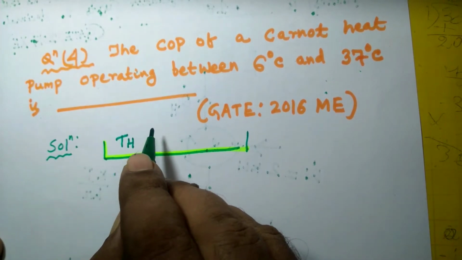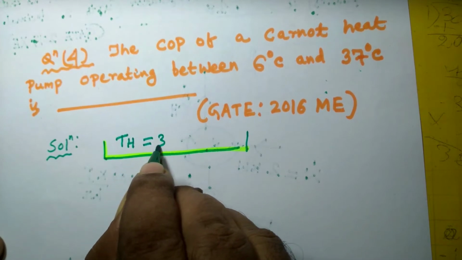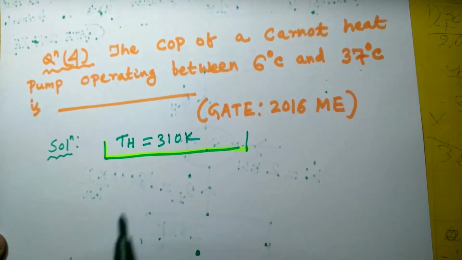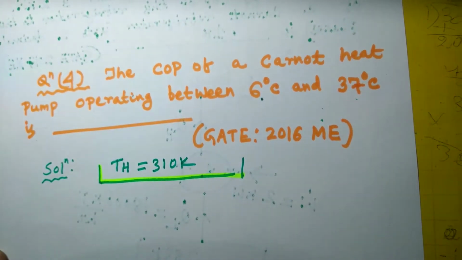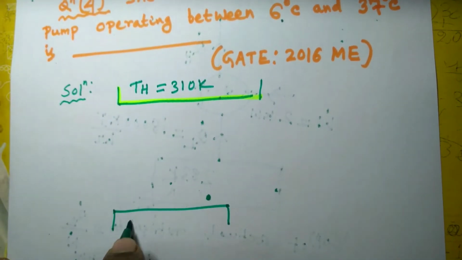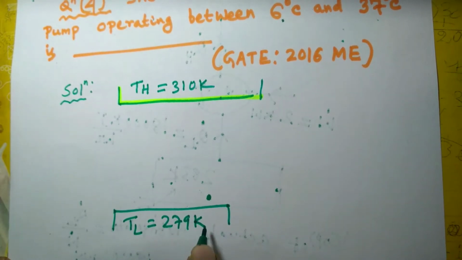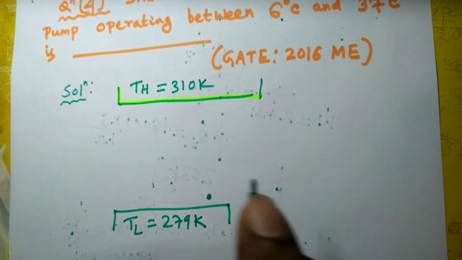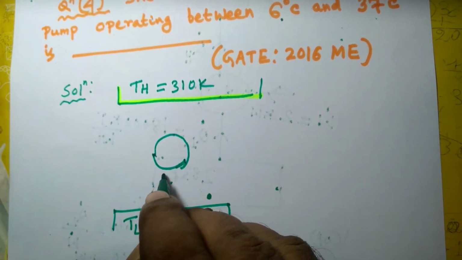On adding 273 to this it becomes 310 Kelvin, the higher temperature, and the low temperature is 6 degrees Celsius. So on adding 273 to this, TL is 279 Kelvin. So obviously we have to calculate the COP of the Carnot heat pump.